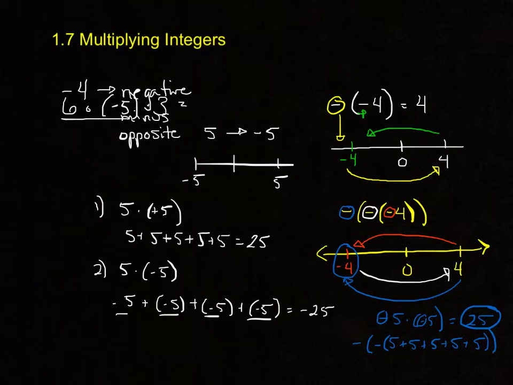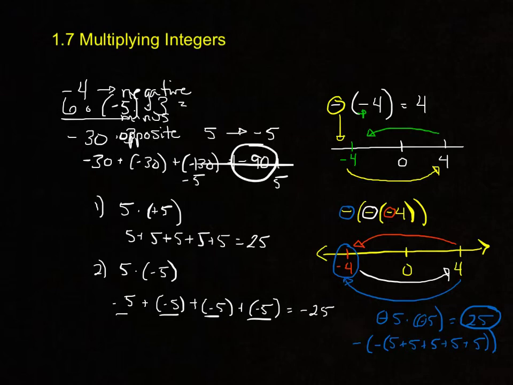So 6 times -5, well, multiply normally, we have 30. The opposite of that, because we have one negative there telling us the opposite of that value. So I'm going to the left of the 0 to -30, and then I'm going to multiply this by 3. So in essence, I'm saying -30 plus -30 plus -30, and that's going to take me to -90, and then I'm done.